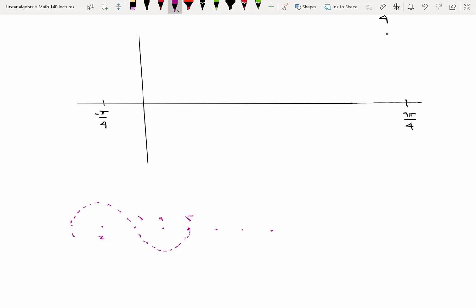So I'm going to need a total of 9 points to get a complete period. So 5, 6, 7, 8, 9. Again, because that point in the middle, number 5 for the first period, is the starting point for the next. So the reason I say that we need 9 points is that I wanted to justify my putting 7 pi over 4 so far on the right.